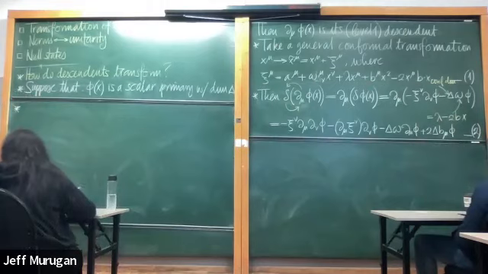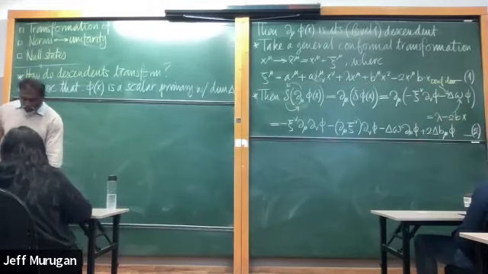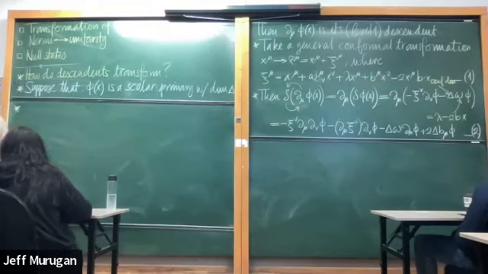Nevertheless, it would be nice to understand why I'm getting this term involving the primaries. To see where this term involving the primaries comes from, let's see what the effect of a special conformal transformation with some parameter b mu has on the primary.